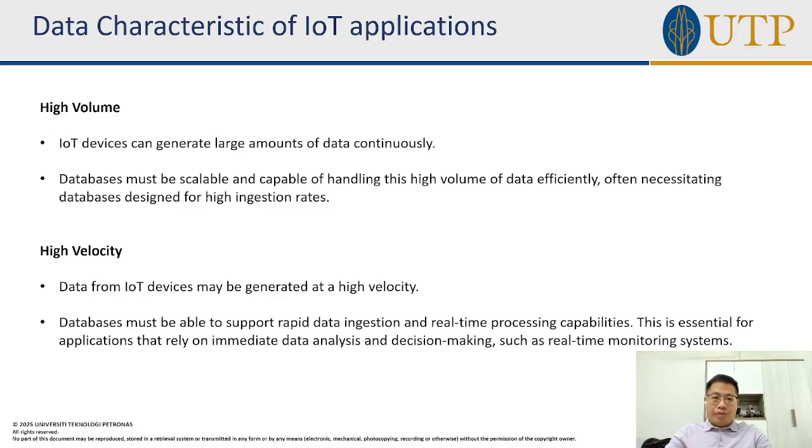If you remember, in one of our earlier lectures we talked about sampling rate. A high sampling rate gives you a huge amount of data, and when it is all sent in, you have high velocity, especially when your IoT system requires real-time processing. This is even more challenging.